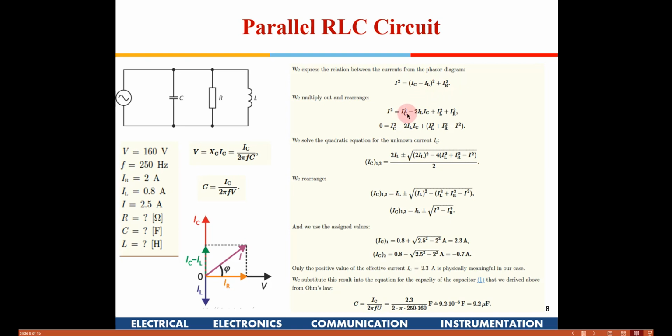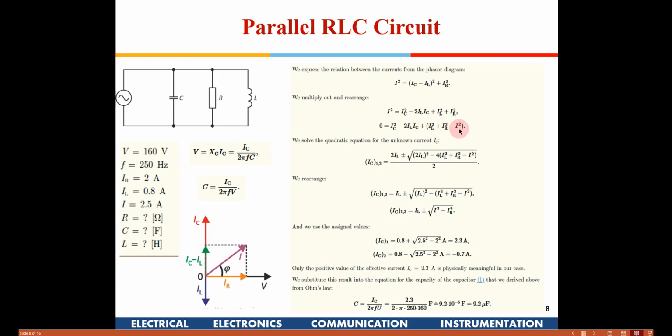Now we can expand that, because here IC is not known, while I, IL and IR square are known. So we expand it and write it in terms of a variable, since IC is a variable: X square minus 2 IL X, and then you have this constant.